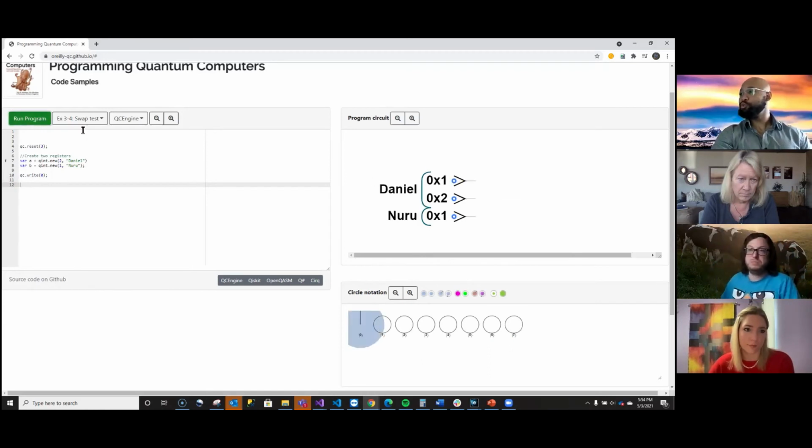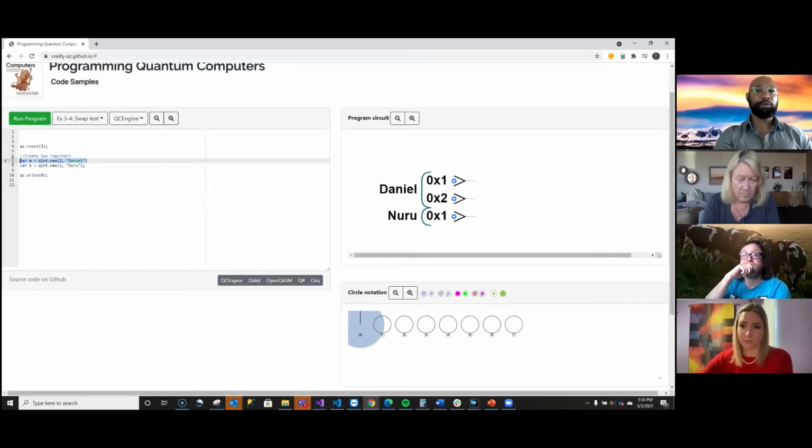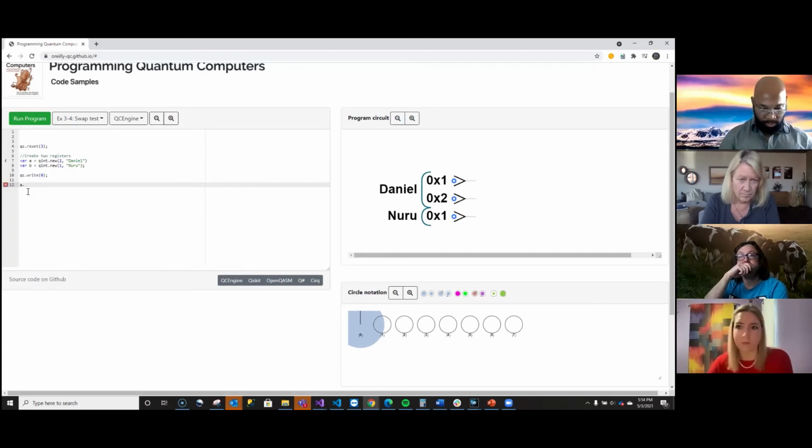Before we are able to use any qubit or play with them, it's always great to put the qubit into the powerful state of superposition. And we do this by either putting the whole register in superposition or just one qubit. So first, if I do a.had, I put the whole register in superposition, both of it.